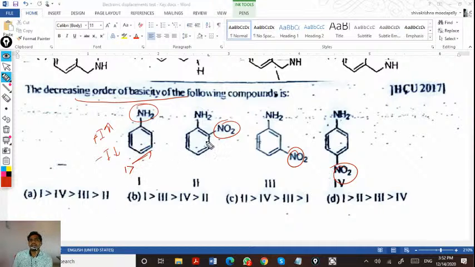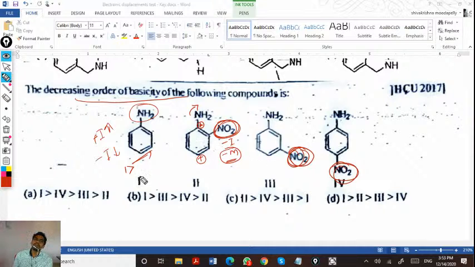After this, when it is NO2, it is minus I and minus M. Minus I and minus M groups should be at the meta position so that they will support the electron density. Otherwise, if they are ortho and para, they will decrease the electron density at ortho and para positions, so it will not be able to donate.